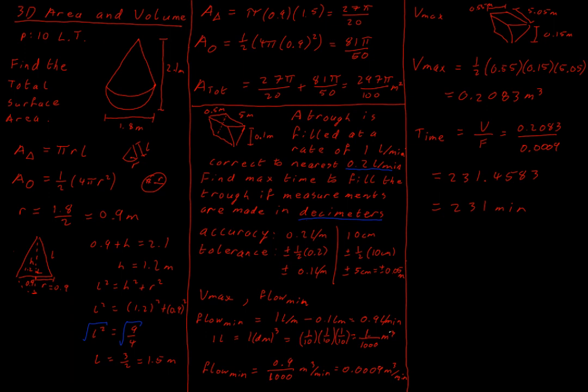Then we worked out our flow rates and had to convert from liters to meters cubed. And then we got our volume, and if we divide the volume by how much volume is being added each minute, we are going to get our number of minutes needed to fill our trough. And that is what we need for now.